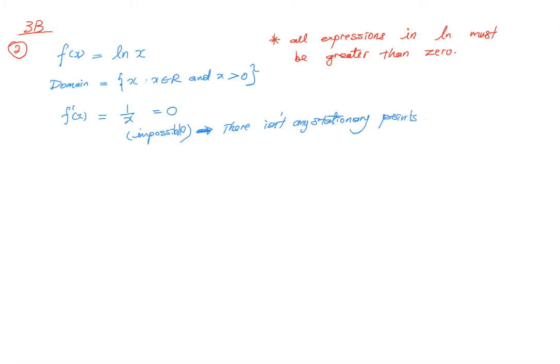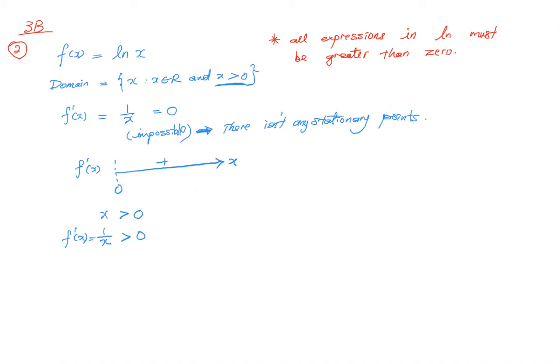Okay, so when you draw your sign diagram for f prime x, listen here, this is the domain onward. So if x is greater than 0, 1 over x will be greater than 0. Am I right? That is your f prime x. So that shows that your f prime x is plus.